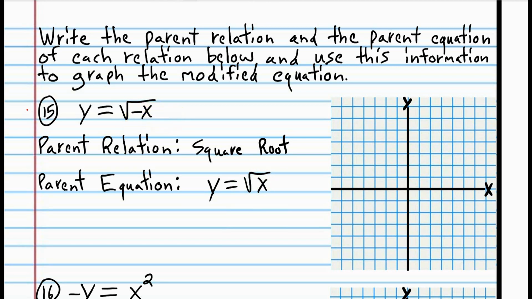So what does that do? Well, let me draw the parent graph. You don't have to draw the parent graph, but this is what the graph would look like, the basic library graph. That's y equals square root of x. And to show you what's happening here, when we put a negative in front of that x, it acts as though this orange y-axis is a mirror.